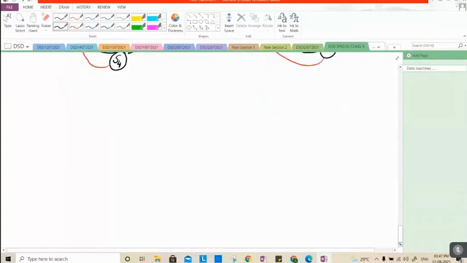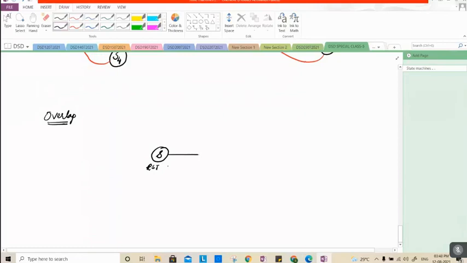Now the next is, we shall discuss overlap. Now this is my initial state, the reset state. It moves on to the next state H whenever input is 1.